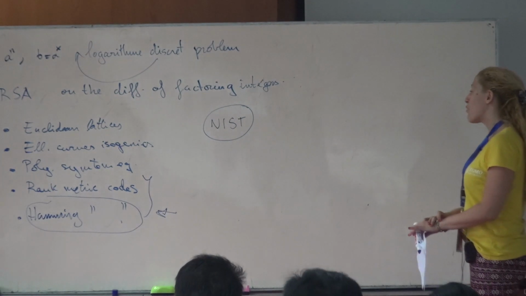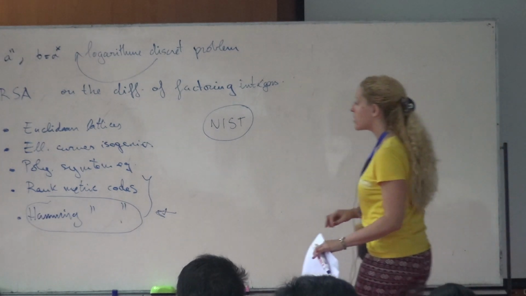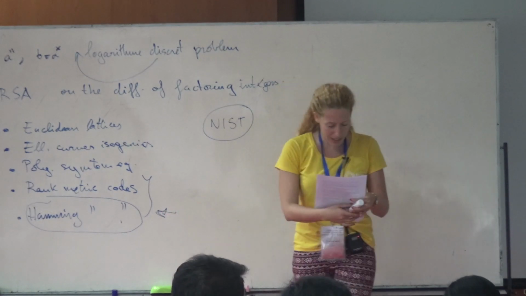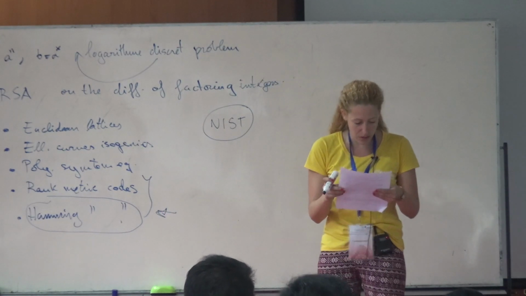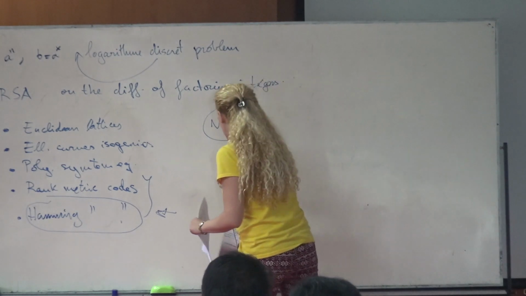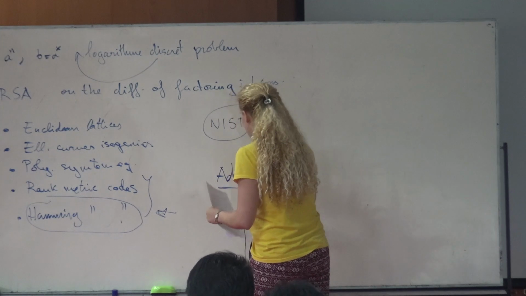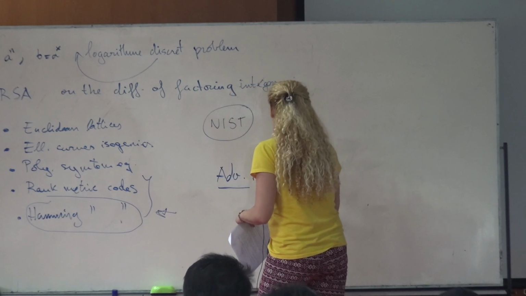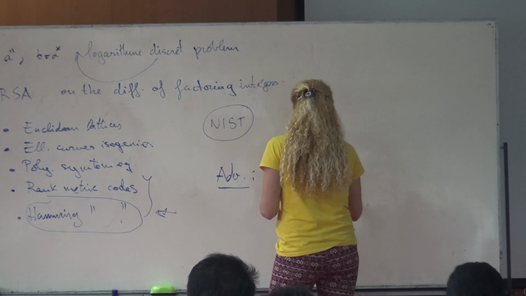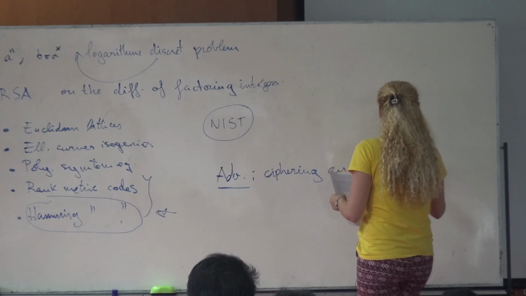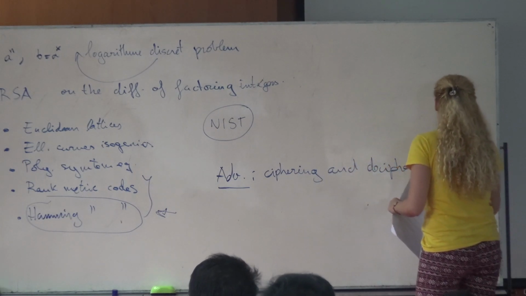I want to say a few words about the advantages and disadvantages of these crypto systems based on codes. I have some numbers here, but maybe the numbers are not important. The advantages of those codes are that the ciphering and the deciphering are very, very fast.